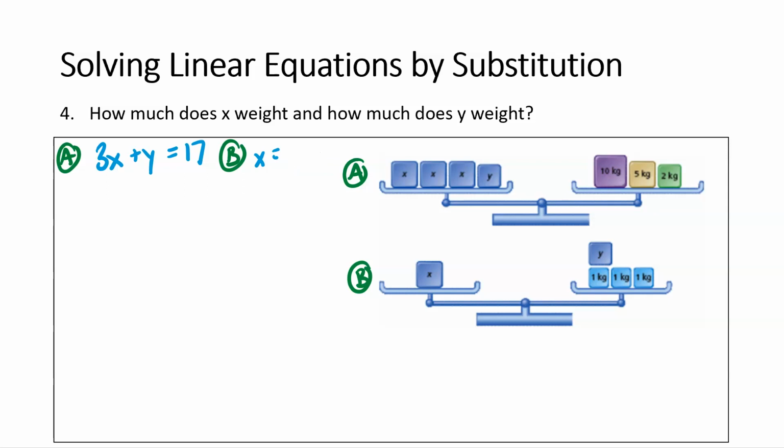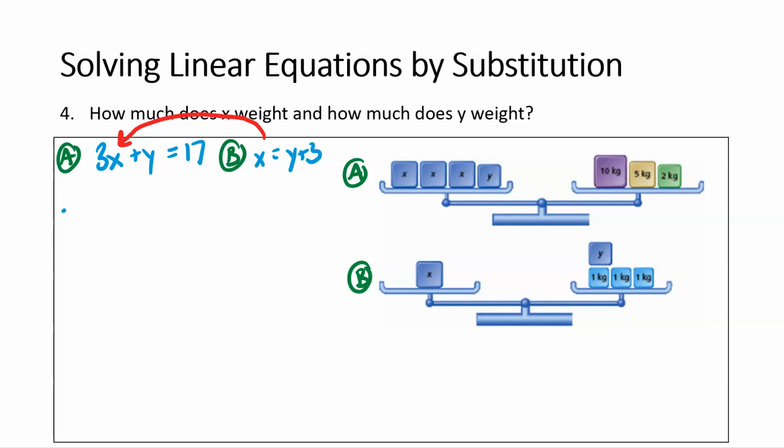Our first step is supposed to isolate for a variable, but luckily for us, equation B is already isolated. We already have an expression x equals. We have an expression for x, which is perfect. So that means all we need to do now is take that expression for x, substitute it into equation A there, and then we can solve for y.